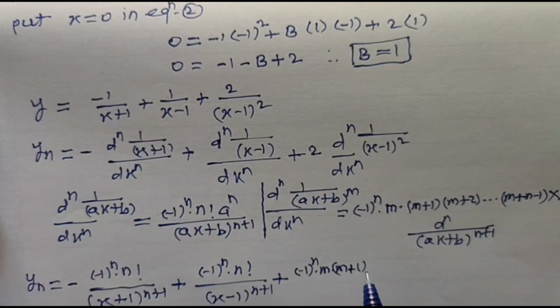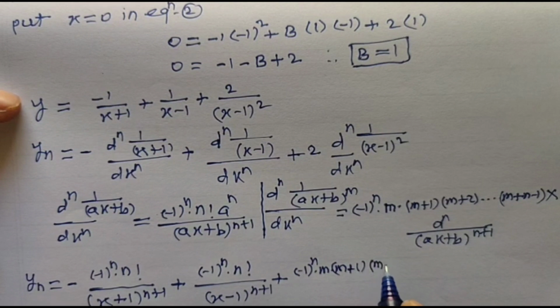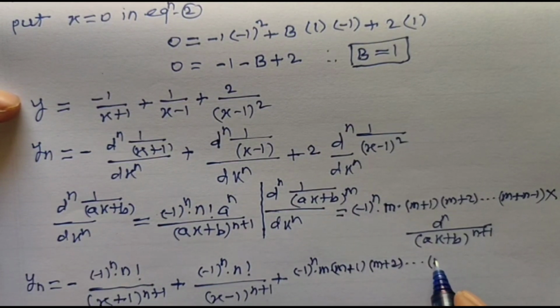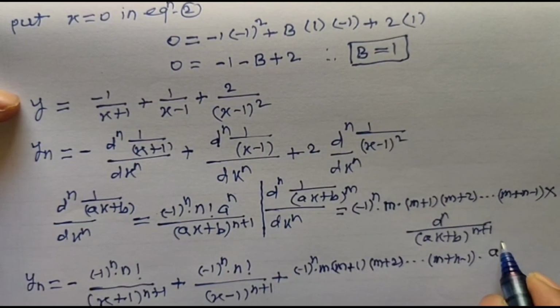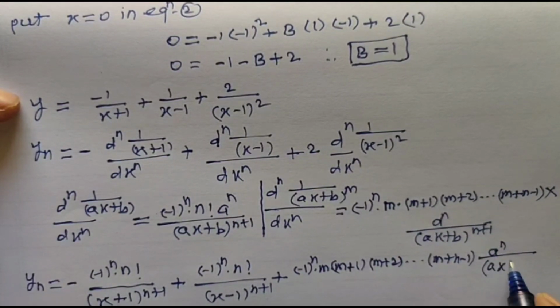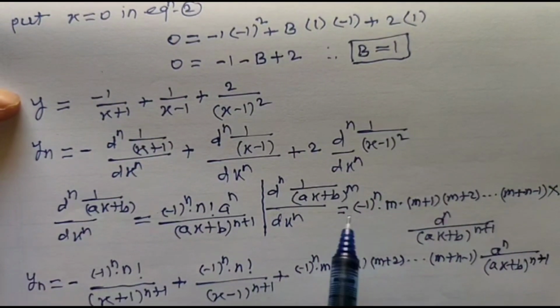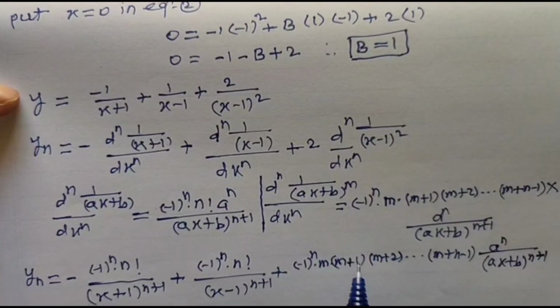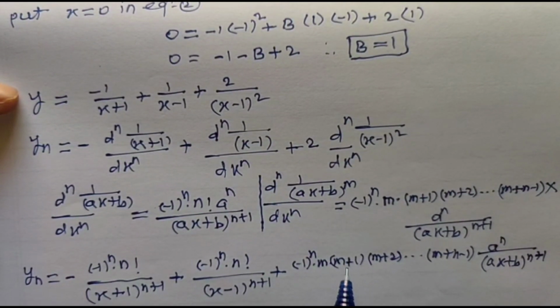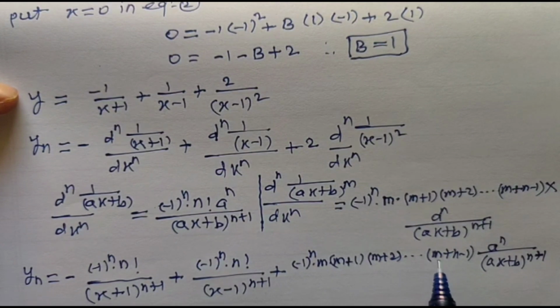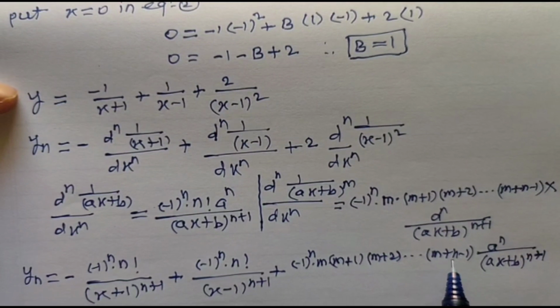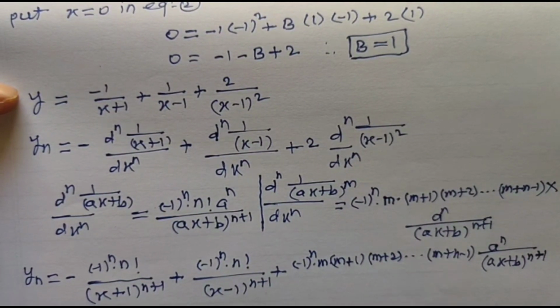We have to substitute values of m plus 1, m plus 2 up to m plus n minus 1 into a to the power n upon (ax plus b) to the power n plus 1. Okay. Now we have to replace m by 2. If we replace m by 2, this becomes 2 into 3 into 4 into up to 2 plus n minus 1, means n plus 1. Starting from 2 up to n plus 1, this becomes n plus 1 factorial.